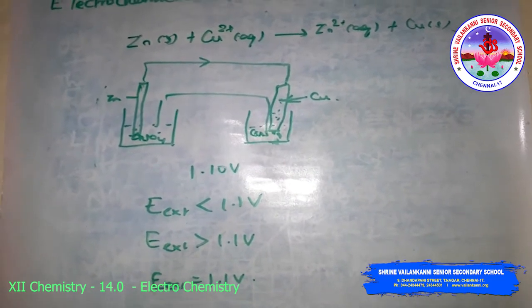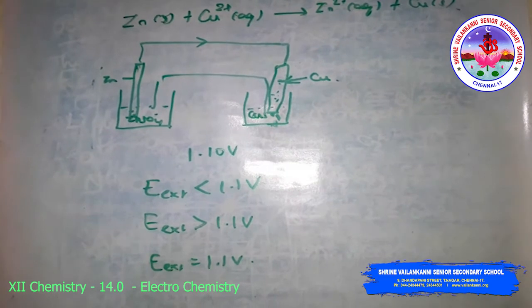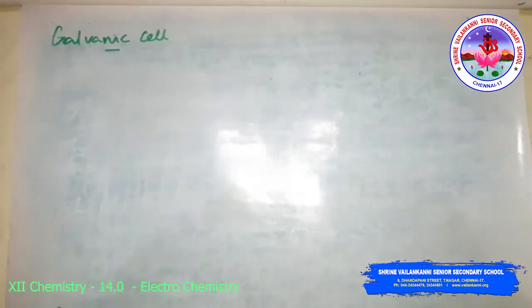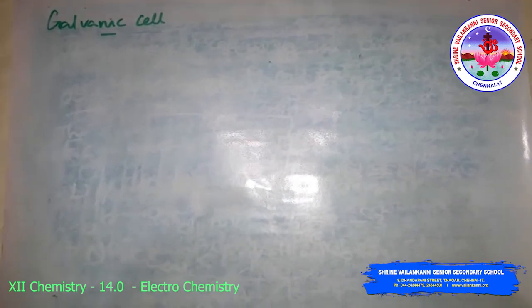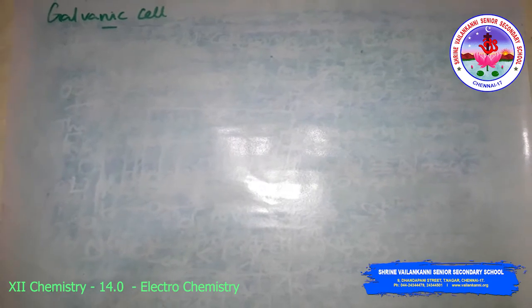Just remember that. Then the galvanic cell is an electrochemical cell that converts the chemical energy of a spontaneous redox reaction into electrical energy. In this device, the Gibbs energy of the spontaneous redox reaction is converted to electrical work, which may be used for running a motor or other electrical gadgets like a heater, fan, geyser, whatever it is.